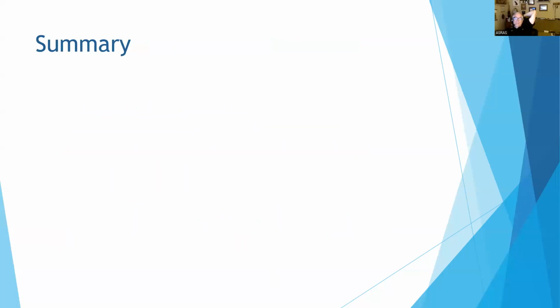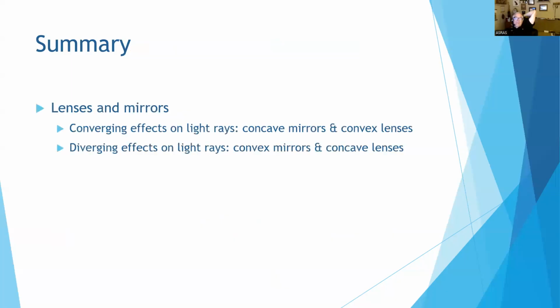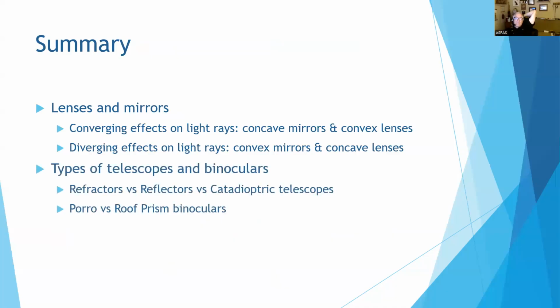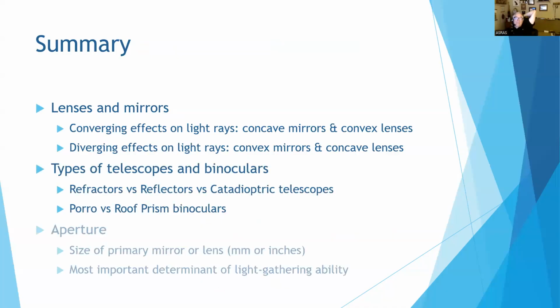So we're nearing the end here. Summary. Concave mirrors and convex lenses cause converging effects on light rays. The opposite, convex mirrors and concave lenses, cause diverging effects on light rays. We've reviewed the different types of telescopes and binoculars.